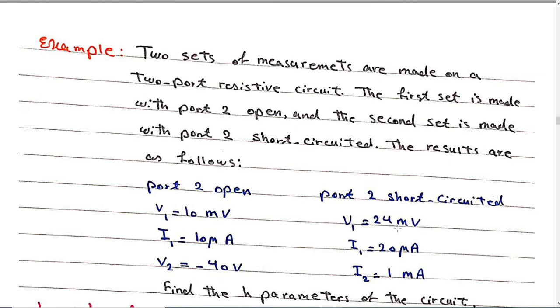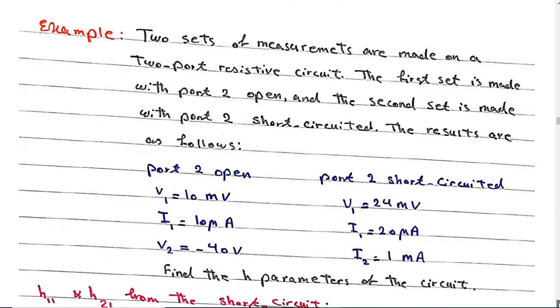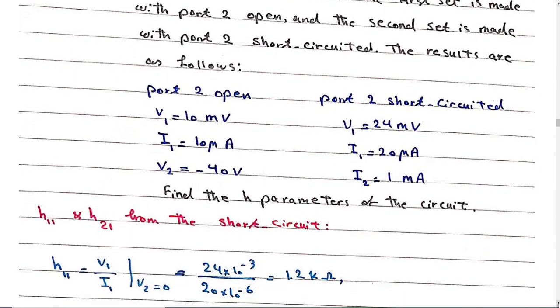Yes, V2 is 0. So find the H parameters of the circuit.